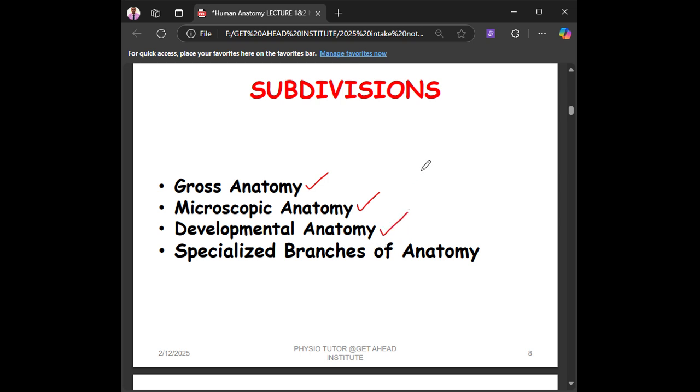These are the most talked about divisions of human anatomy, but in these notes I have included another subdivision which I have just written as the specialized branches of anatomy. But most scholars and lecturers will teach about the first three.